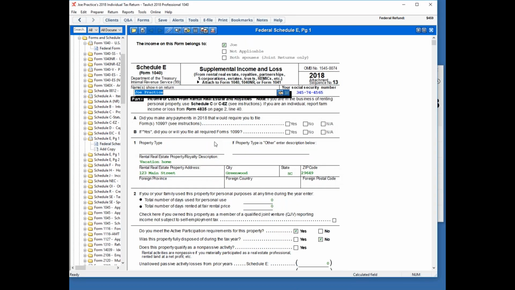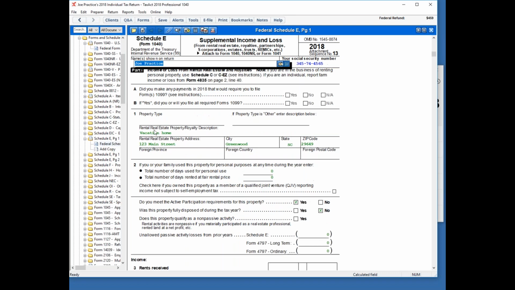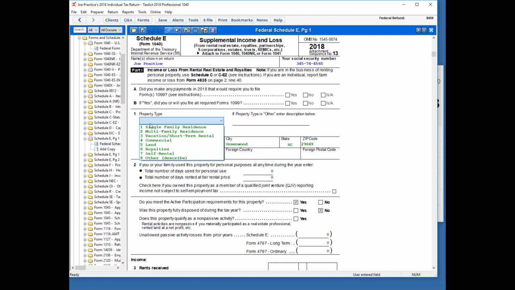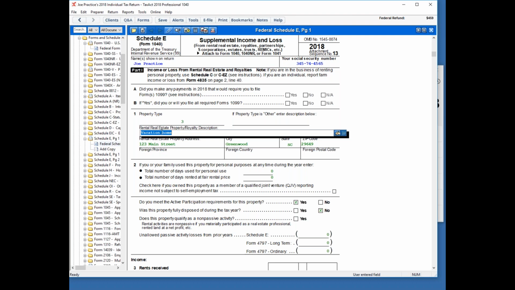And I've already got a real basic one started. Got my Joe Practice. And we're going to assume that this is a vacation property. This is our vacation home, so it is important that we notate it as such, that it's a vacation property.